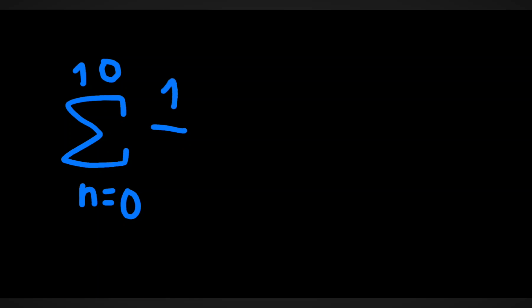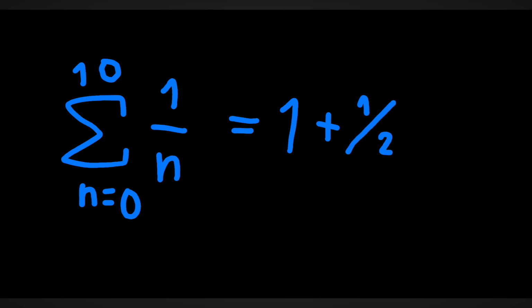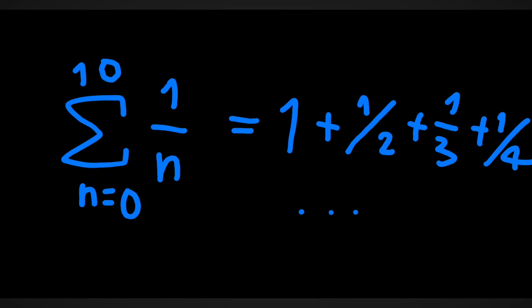The sum of 1 over n equals 1 plus 1/2 plus 1/3 plus 1/4. Let's convert fractions to a decimal. Never mind. I don't know what this is.